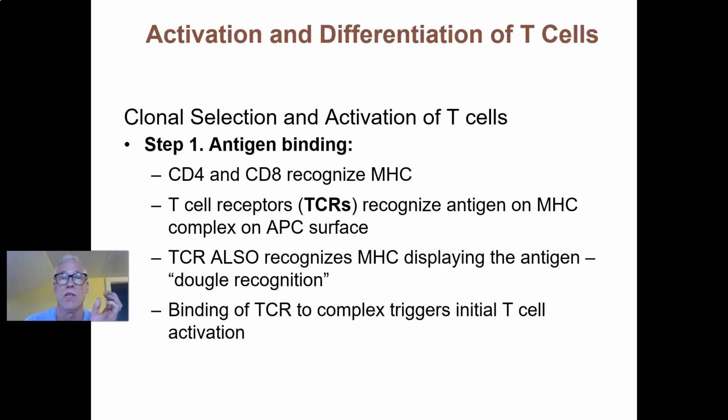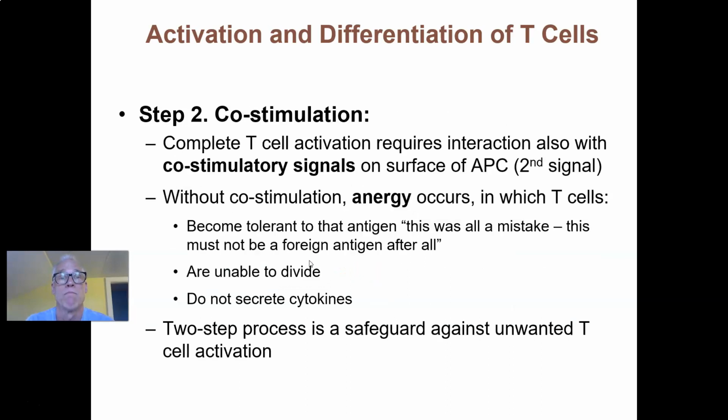So not only does a CD8 cell, for example, have a CD8 receptor that recognizes MHC class 1, its T cell receptor has to see that MHC class 1 as well, and then the antigen. And if it recognizes the antigen, boom, we have activation. So that's just a little something unique or extra special about the T cell receptor.